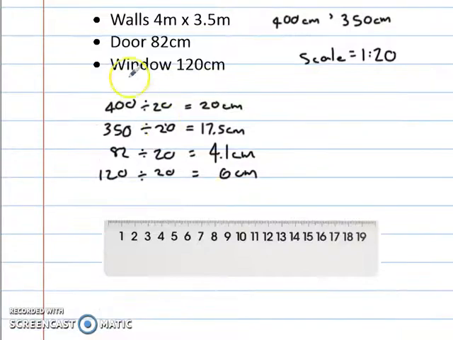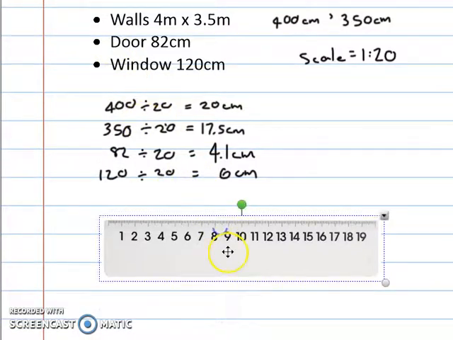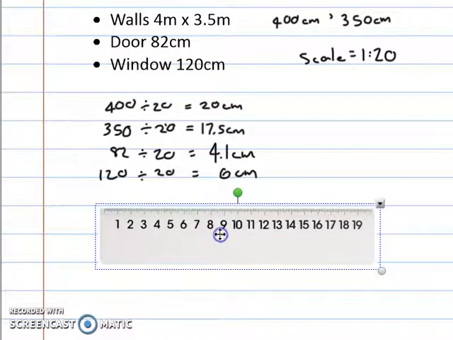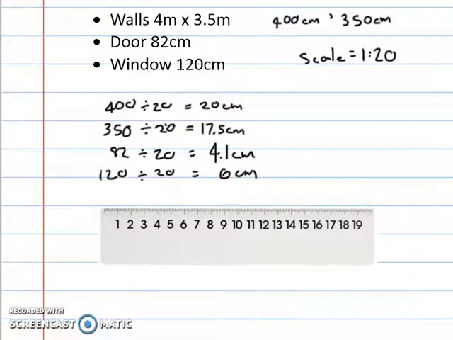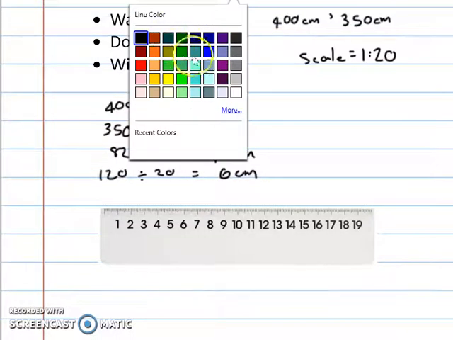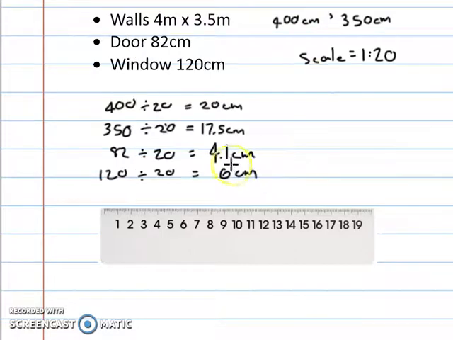Let's just come down here a bit. What we'll do, we'll go to blue. The first thing is we've got a wall that's 20 centimeters. It's really hard for me to draw a straight line, so I'm just going to use the line tool. There's our 20 centimeter line.